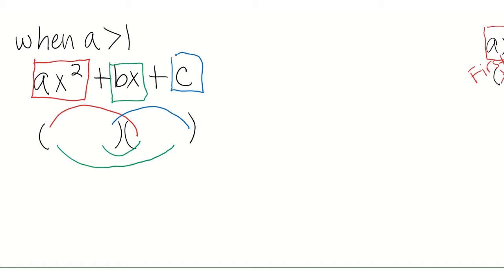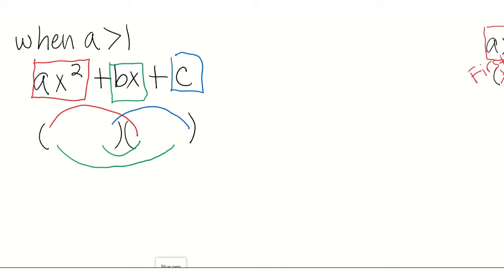Now it's a little more complicated because we've got this coefficient of a in front of our x squared, so we can't just find the factors of c to figure out what's going to go in the second half of our binomials.